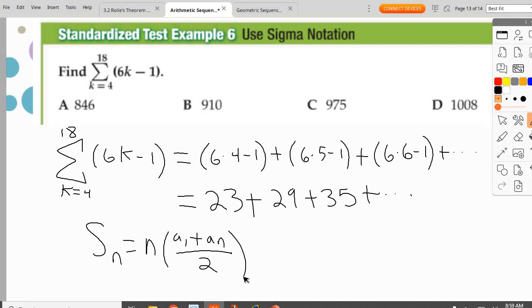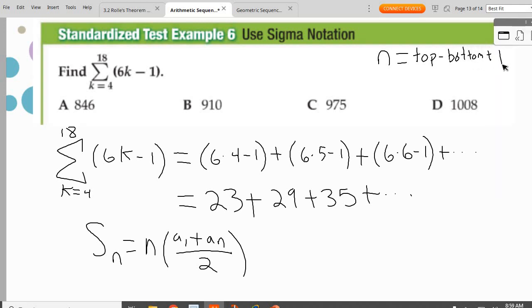So we could do 18 minus 4 gives us 14, and that's how many numbers would come after 4 to get to 18. But we also have to plug in 4. So your n is always going to be the top minus the bottom plus 1. In this case, our n is going to be 15.